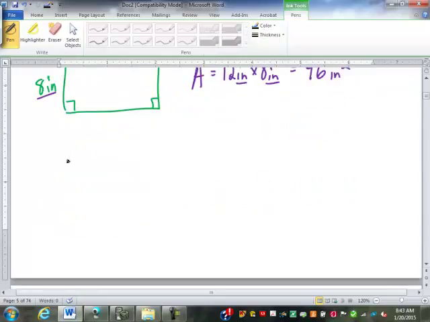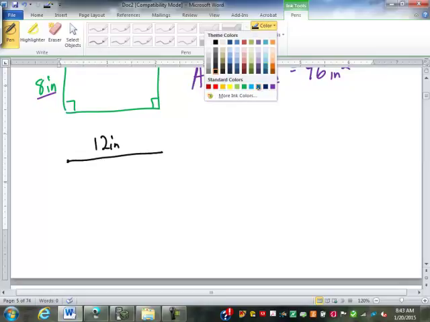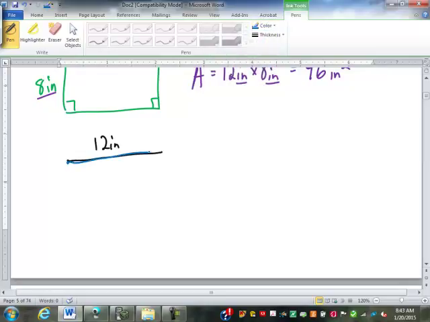Now that length, let's go back and say we still have a 12-inch length. That length does not necessarily have to move perpendicular. As long as it moves and stays parallel to its original orientation, like that, it doesn't twist at all, we can move it at an angle like that.